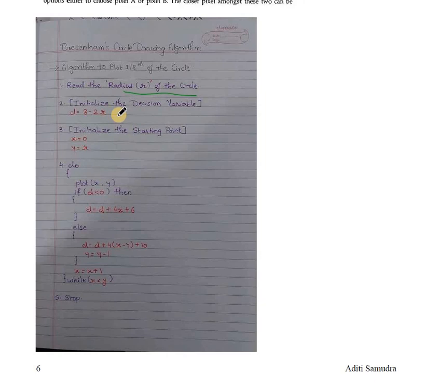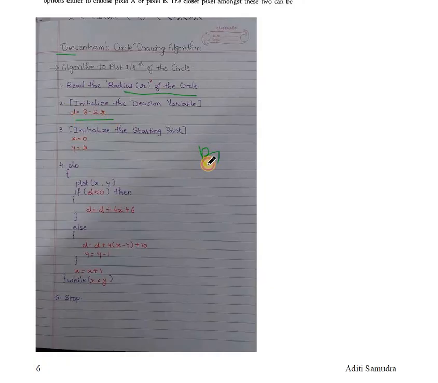Now in the Bresenham circle drawing algorithm and the midpoint circle drawing algorithm that we are going to see next, this d is going to be different. So be very careful which algorithm, what is the initial value of d. If it is the Bresenham circle drawing algorithm, then it is 3 minus 2r.